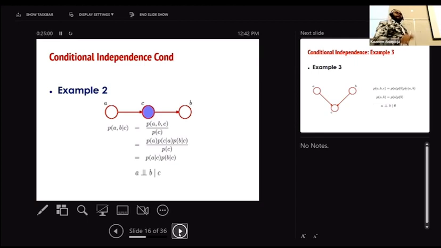When C is observed, like we're shading C now, the probability of AB given C equals the probability of ABC divided by that, right? And the probability of ABC, you can get that from the structure, right? The probability of A to start, the probability of C given A, the probability of B given C, right?